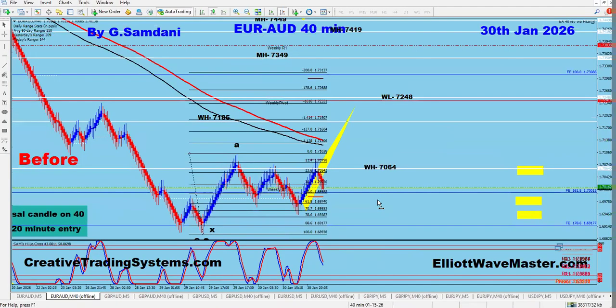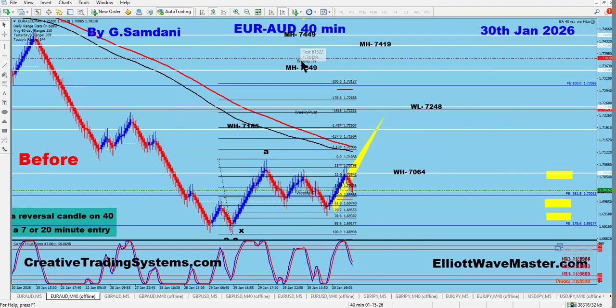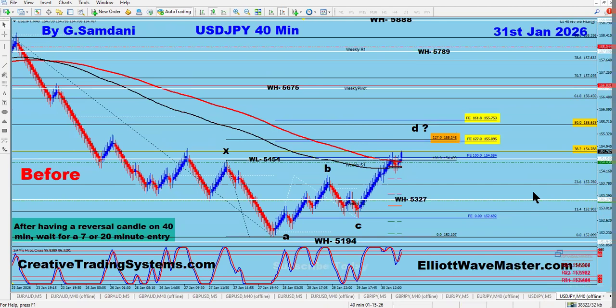Is it by chance that you have Euro Aussie and Pound Aussie both making a Gartley pattern? Maybe it's a chance. But how about this? Can you explain here? I have it written here already. See XA, this one is exactly what?